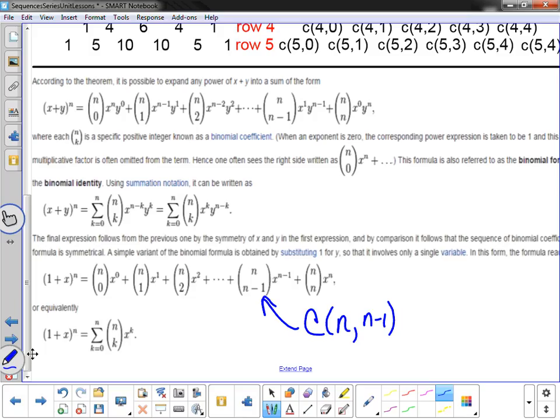It is an nCr. Every one of these, this is an nC0, nC1, nC2. Every one of those is an nCr. It's a combination. It goes back to that stuff from probability.